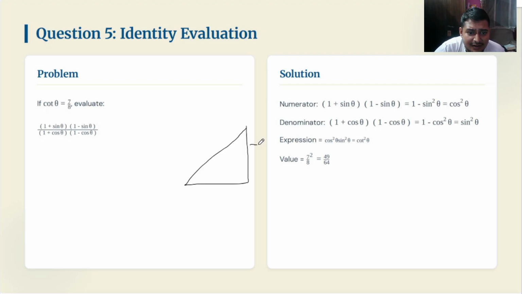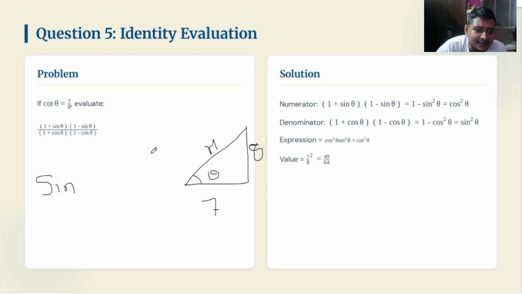this is 8 and this is 7 from the relation of cot theta. This one is theta, so this is the hypotenuse. We don't need to find the hypotenuse over here because we need to find sine theta.